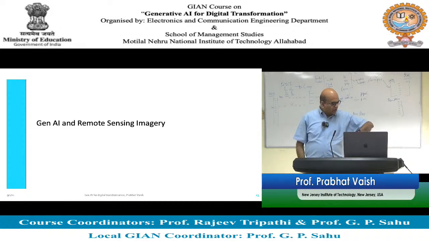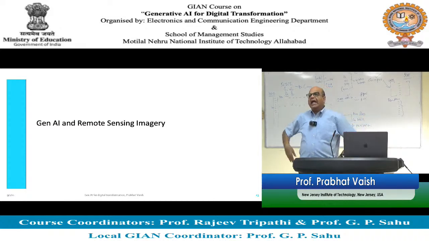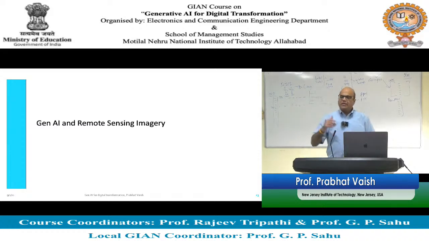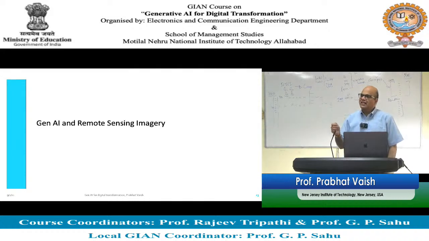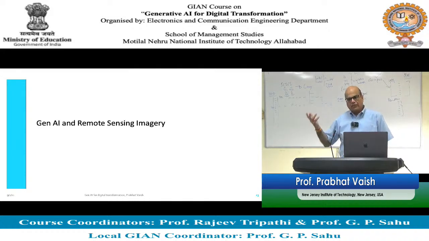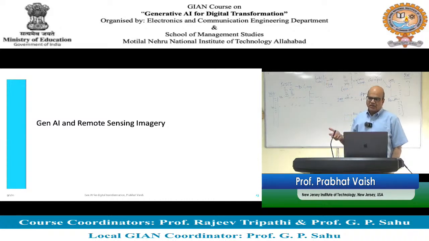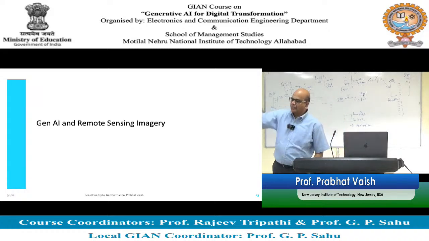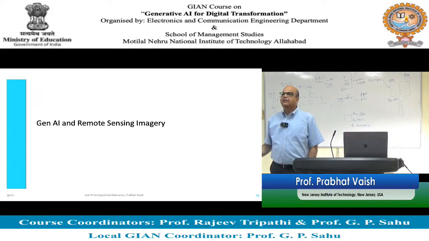You go closer to Delhi or Mumbai, and you see there's a lot more lights. The point I'm trying to make is that remote sensing imagery is just like a photo. It's a photo at higher resolution and higher dimension. Any remote sensing image covers some physical space on Earth.